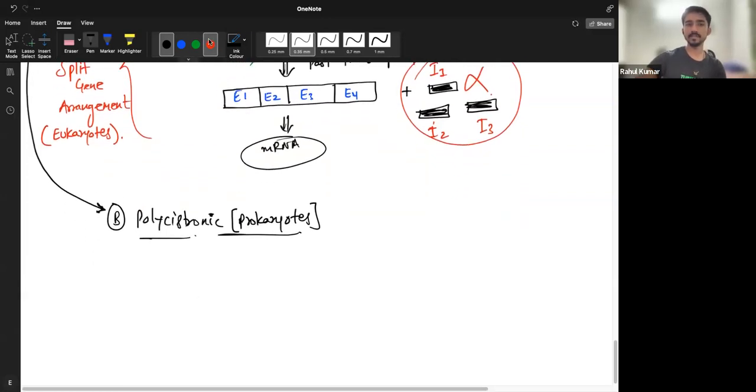Now, in the polycistronic structural gene, what happens is there is a promoter and there is a terminator. And in between, what does the word poly mean? Many. Yes, many or multiple, right?